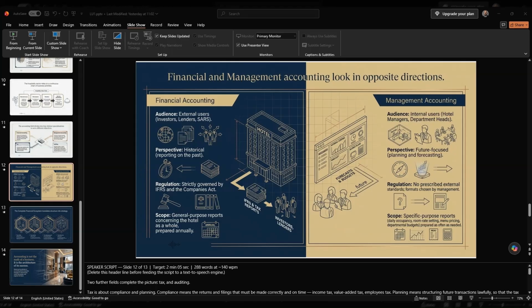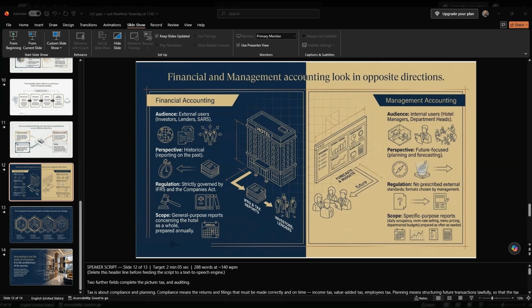But how? Information must be relevant and faithfully represented before anything else. And then comparable, understandable, timely, and verifiable. And the business form chosen: sole trader, partnership, close corporation, or company, sets the limits on liability, continuity, access to capital, and tax treatment.